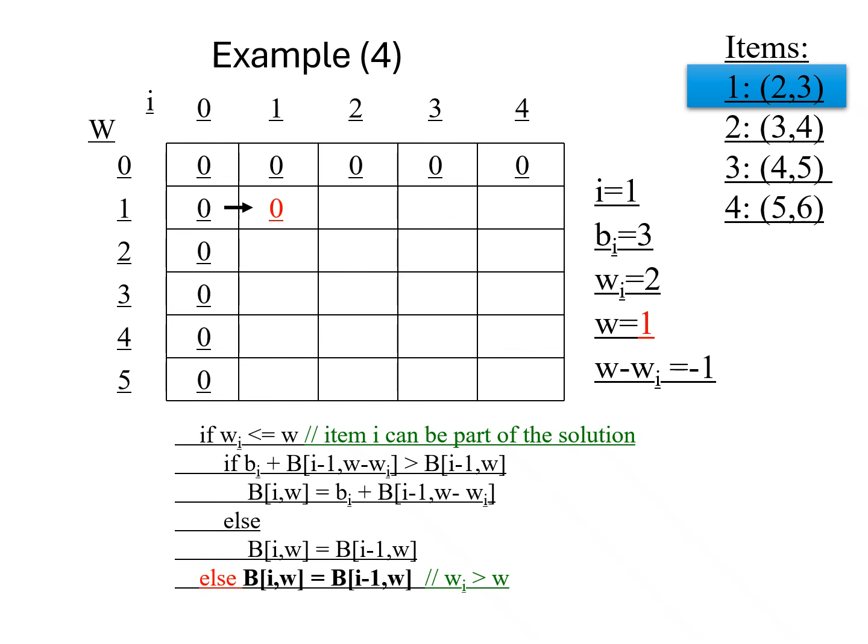Moving towards the next item. Now we have increased the capacity of the knapsack, that is 2 now, and we have only one item that is below 1. So whether we can pick it or not, yes, we can pick it. This is 2 and this is again 2, the weight of the knapsack. So we can pick it and we get the benefit of 3, and we will check whether there is a space left behind or not.